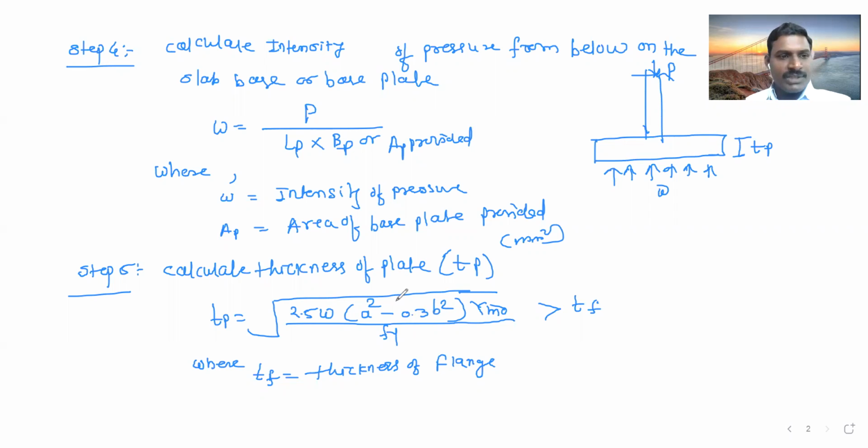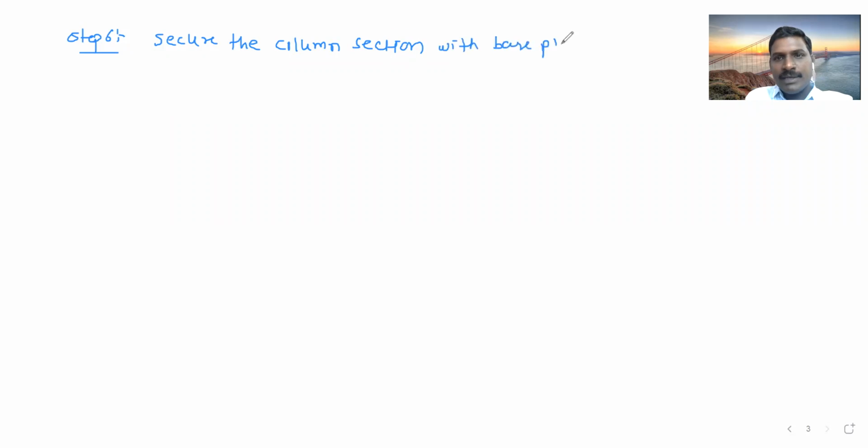Okay, so this is step number 5. Now go to the next step, number 6. Step number 6: write down, secure the column section with base plate.